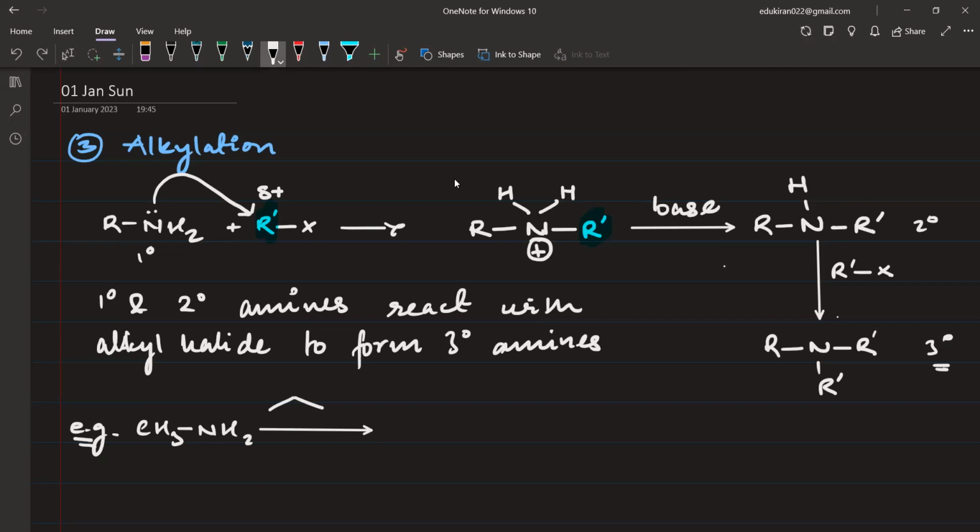Write it here. This nitrogen atom will attack this carbon atom, and we'll get CH3 NH attached with 2 carbon atoms, an ethyl group. 1 carbon atom and 2 carbon atoms. These 2 carbon atoms are same as these 2 carbon atoms.